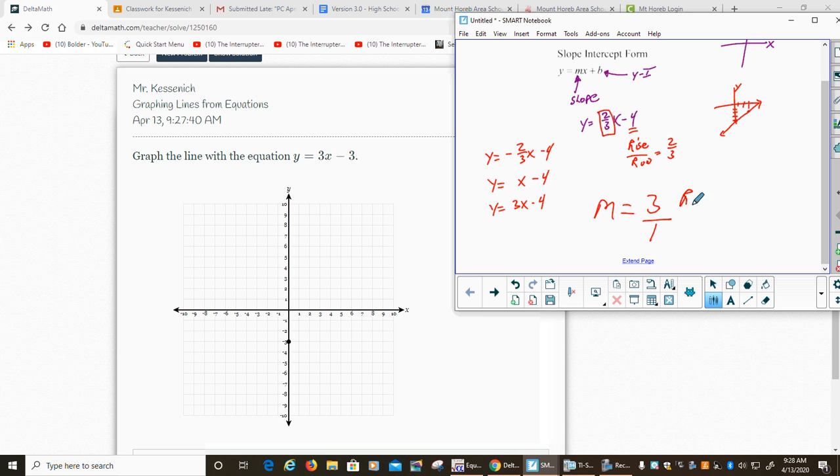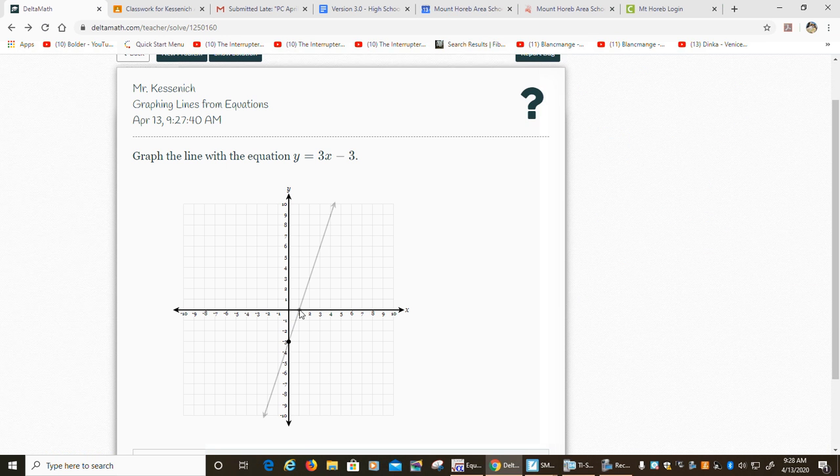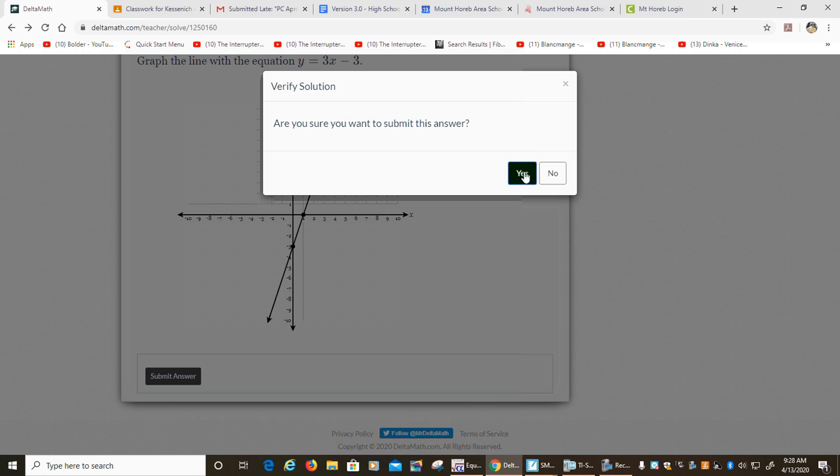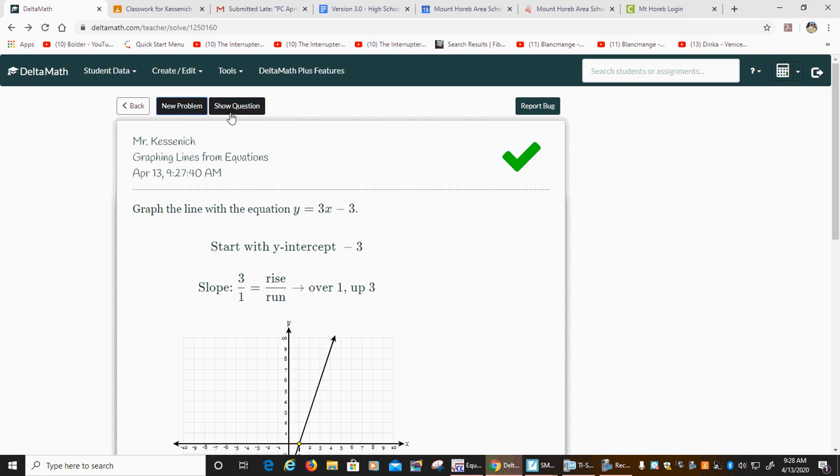So you're going to rise 3, run 1. So when it's a whole number, you're putting it over 1. So from that point, I'm going to rise 3, 1, 2, 3, and run 1. Submit your answer. Yep, and you got it right.